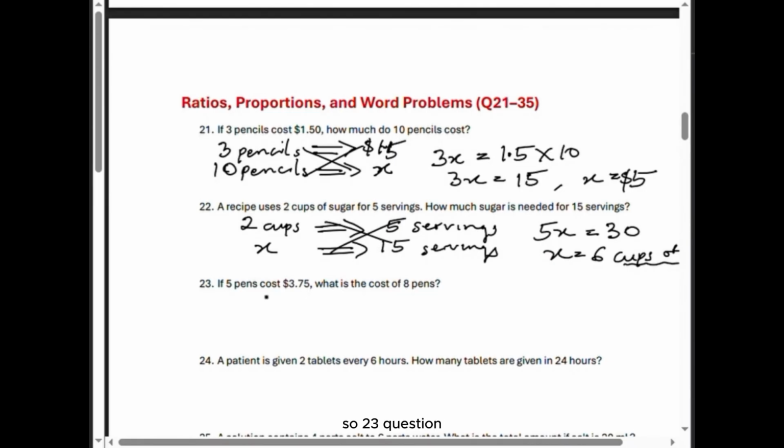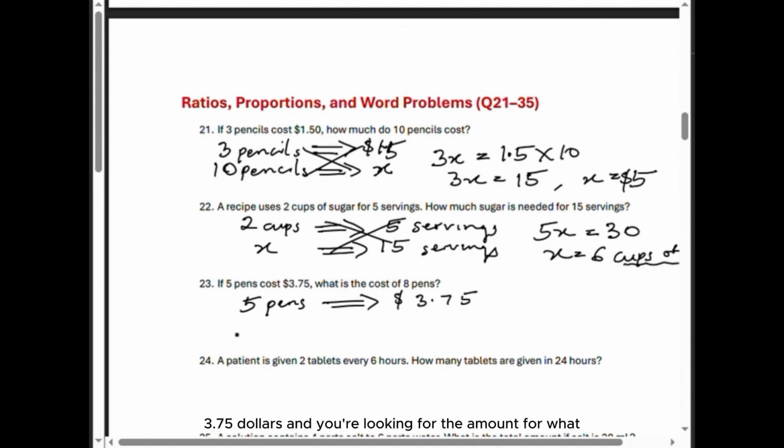So the 23rd question says if 5 pence costs $3.75, what is the cost of 8 pence? The same method, you write 5 pence equates $3.75, and you're looking for the amount for 8 pence.